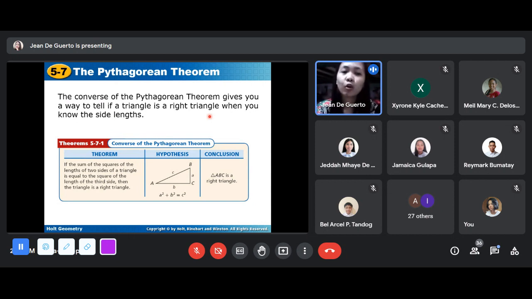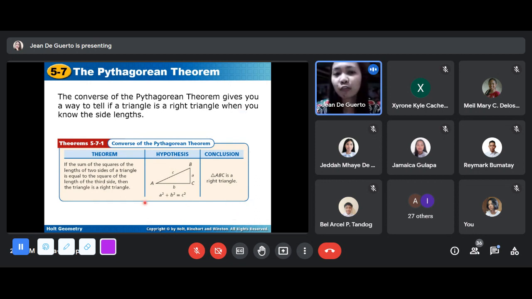Okay? So, yung hypothesis natin, ito yon. Yung if a square plus b square is equal to c square, then our triangle is a right triangle. So both the converse of the Pythagorean theorem and the Pythagorean theorem are both true statements.